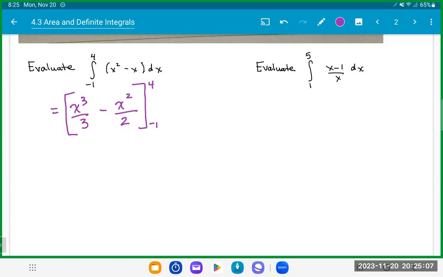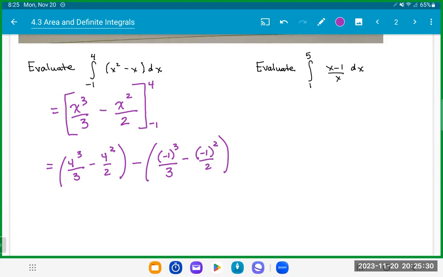Okay. So this would then become 4 cubed over 3 minus 4 squared over 2, minus -1 cubed over 3 minus -1 squared over 2.